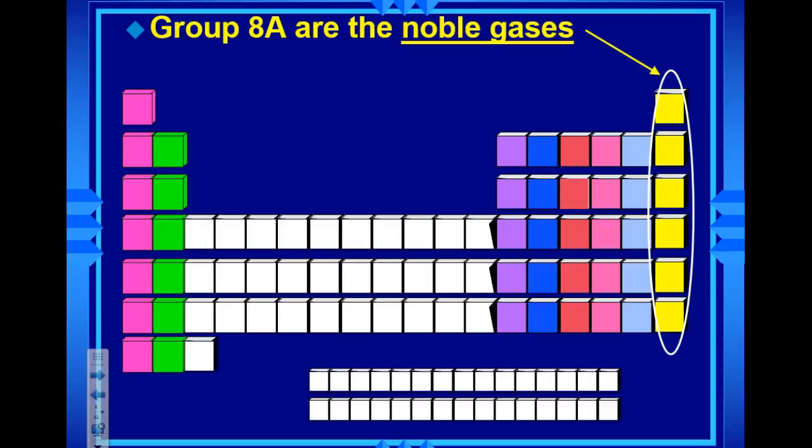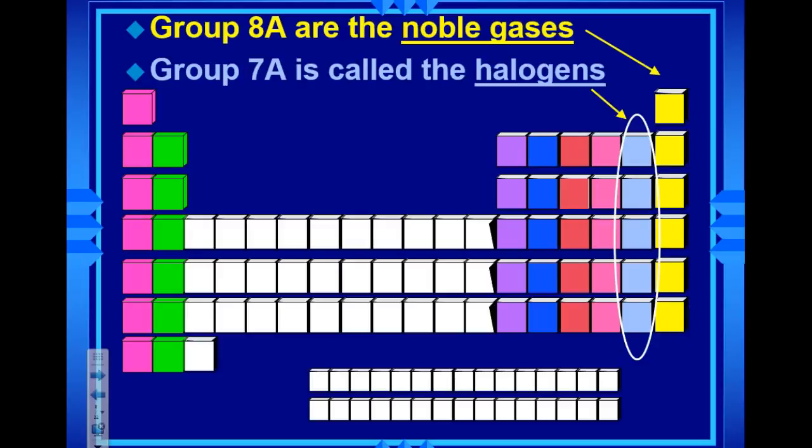They have completely filled energy levels, which makes them very stable. They used to be called the inert gas family because inert means to not react. If we put those things under a high enough temperature and high enough pressure, we can force them to form compounds, but it's extremely rare. They're all gases at room temperature.